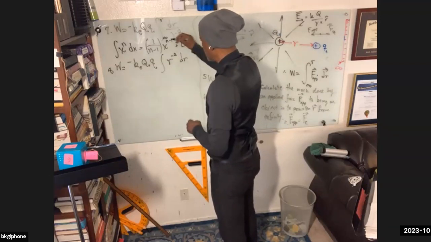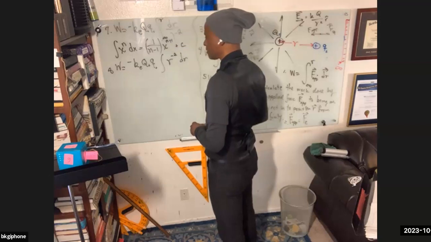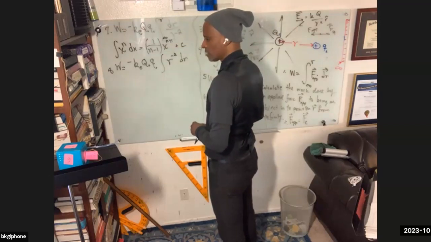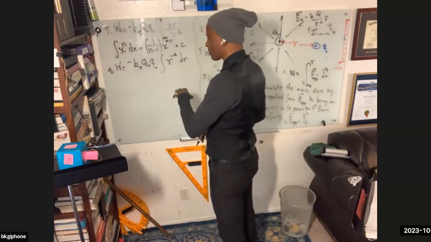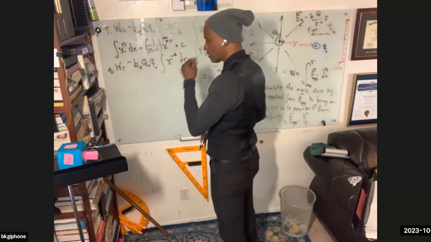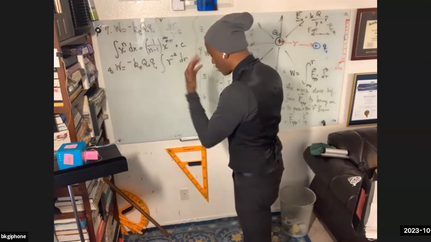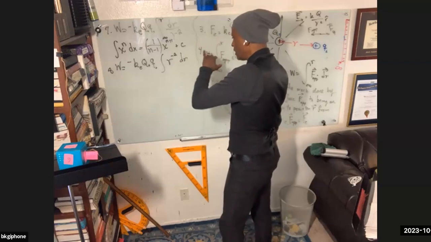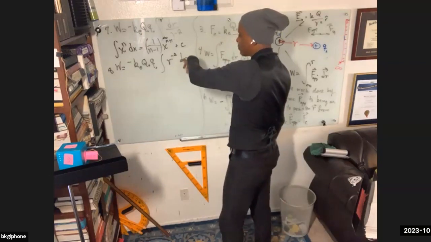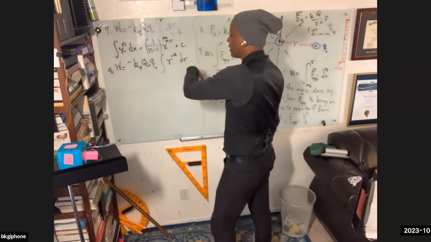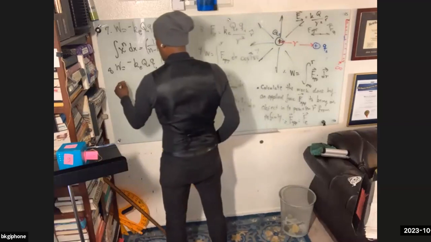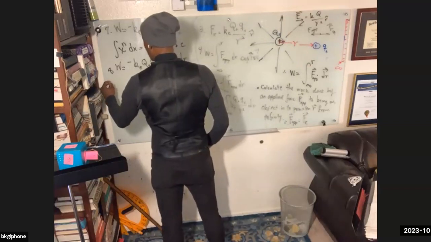Oh, sorry, this is the plus 1. You do integral, right? Yeah, the integral is plus 1, the derivative is minus 1. Wow. So yeah, sorry. So r to the negative 2 plus 1 is negative 1. Man, I'm getting rusty.